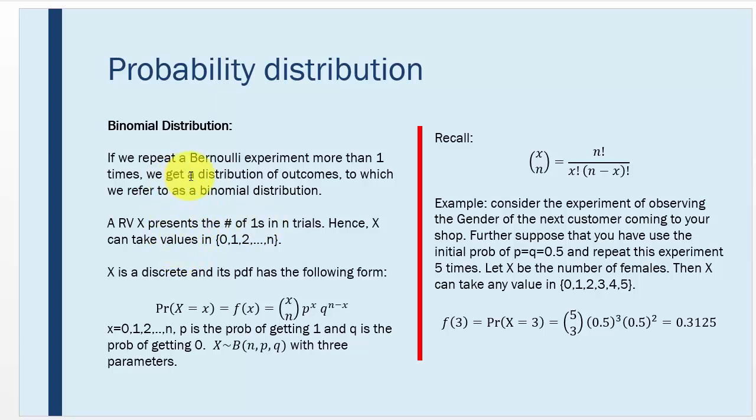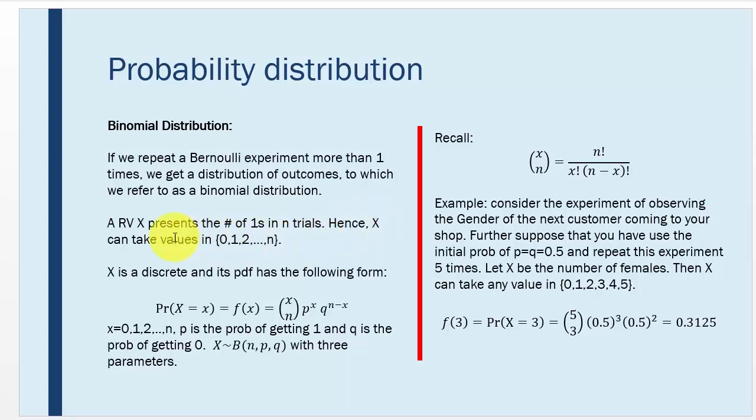Now, the binomial distribution is very much related to, or based on, the Bernoulli experiment, in the sense that if we repeat a Bernoulli experiment more than one time, we get a distribution of outcomes which we refer to as the binomial distribution. Let's consider a random variable x which represents the number of ones, or the number of successes, in n Bernoulli experiments.